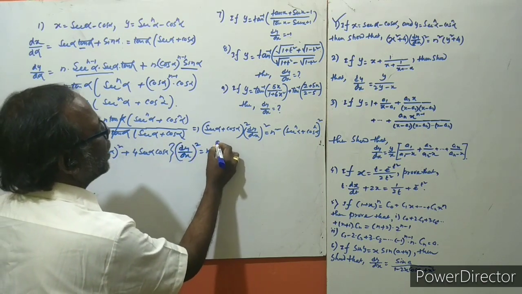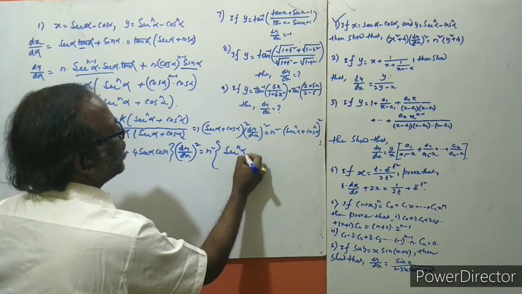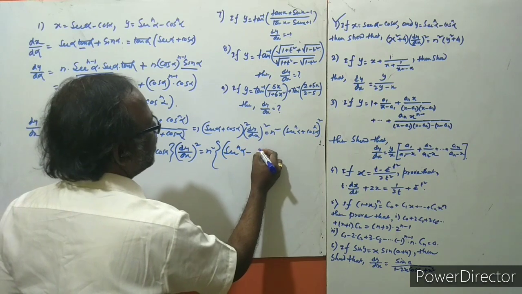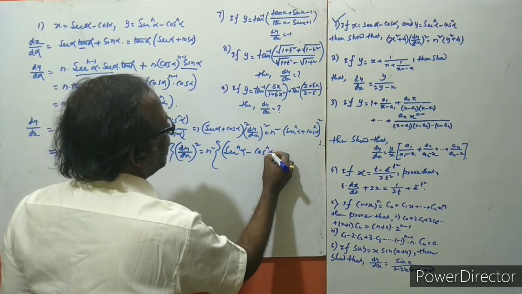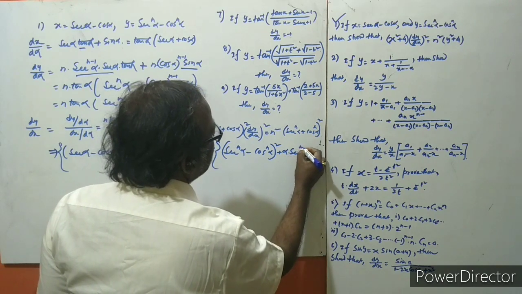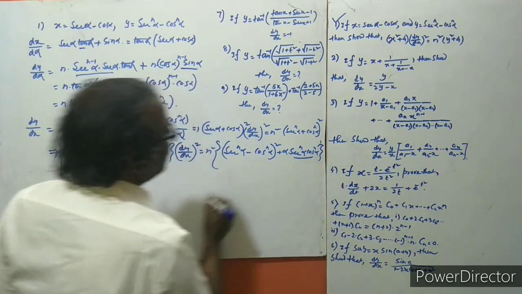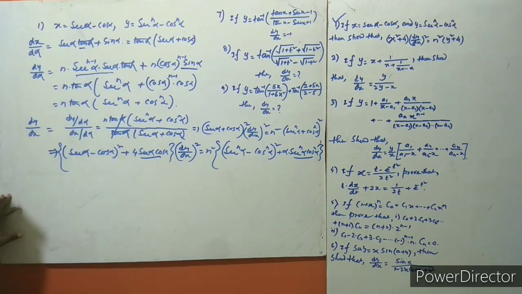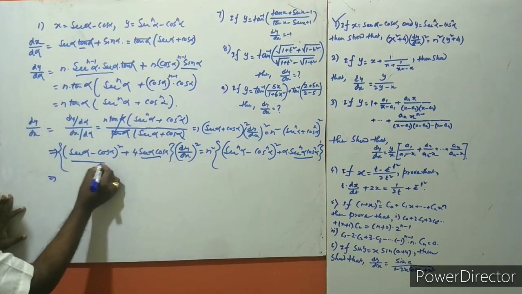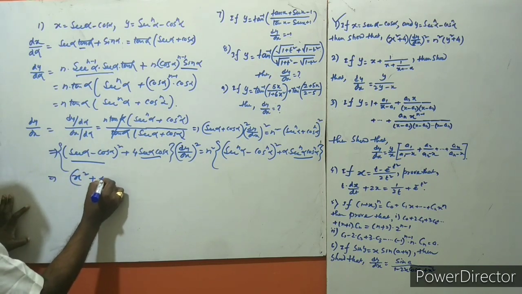So this is n square. Again right here sec to the power n alpha minus cos to the power n alpha whole square plus 4 sec to the power n alpha and cos to the power n alpha. So their product is 1, this also here is 1. Now write here this as x, so x square plus 4.